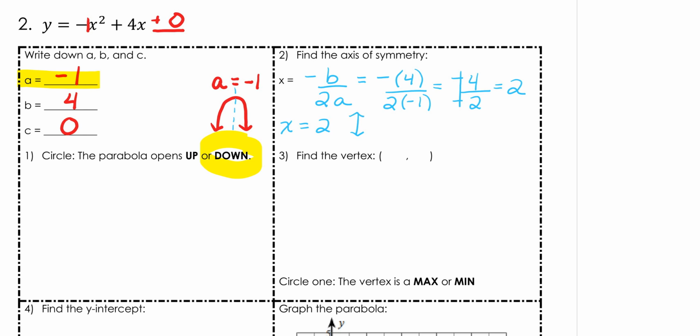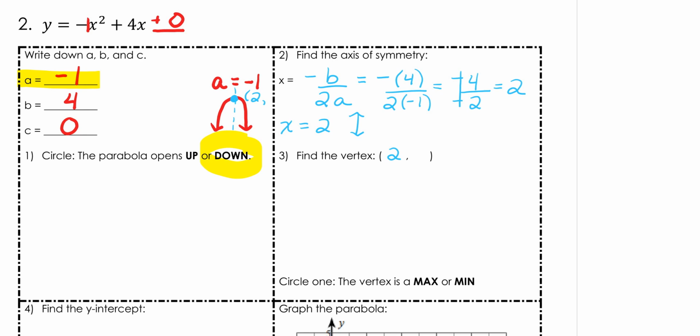All right, so we have an imaginary vertical line, that's the axis of symmetry, that's going to pass through 2 on the x-axis. Also, that 2 is now going to be the x-coordinate for our vertex. So this point right here, it's going to have 2 as its x-coordinate. Let's figure out the y-coordinate.